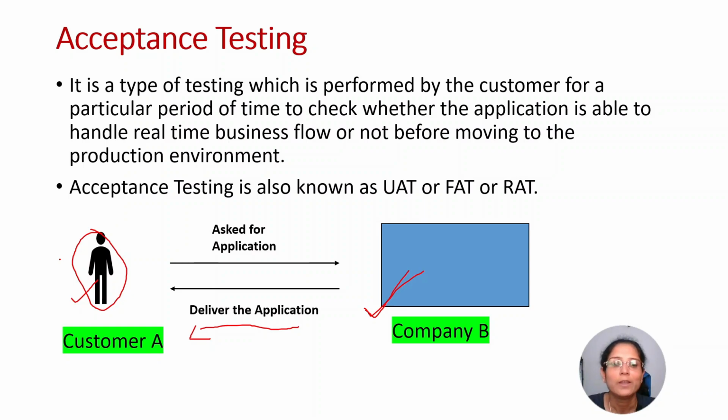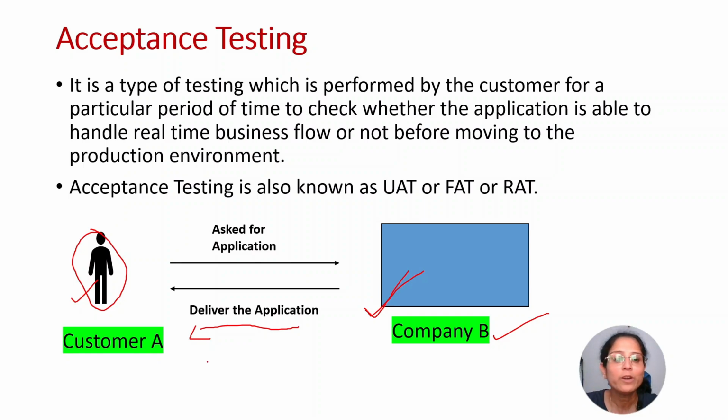That is why acceptance testing is very important before moving into production, because from the company side, whoever testers are there might be missing some business flows because they are not aware of the end-to-end business scenarios.